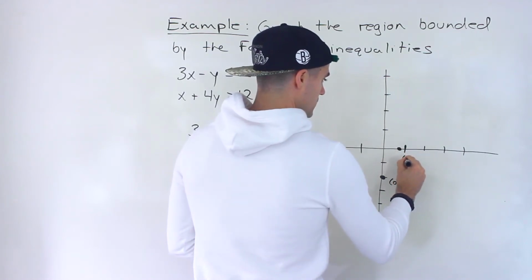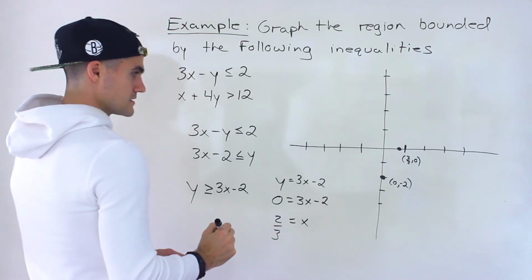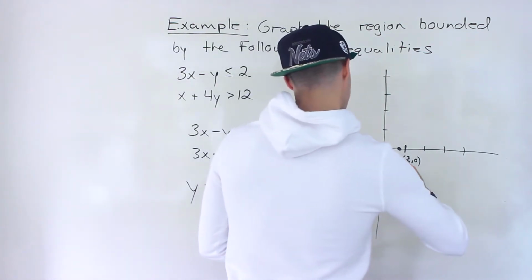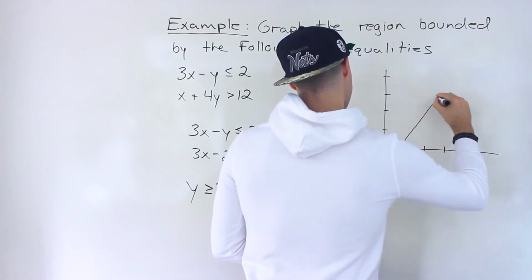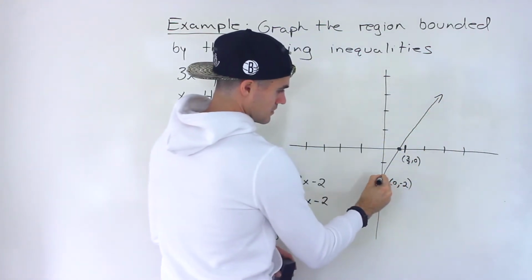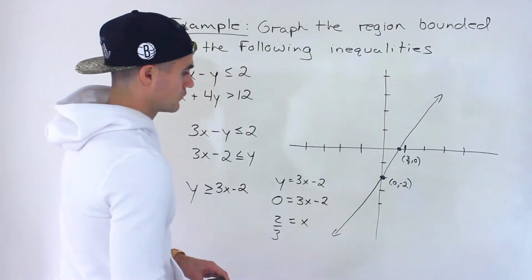Right, so this point would be 2 over 3 and 0, so if we combine those points, we'd end up getting that line over here.